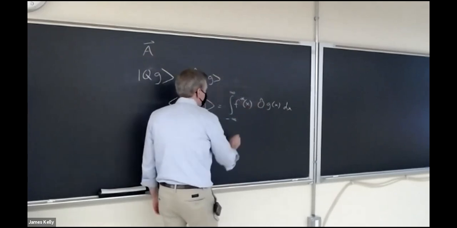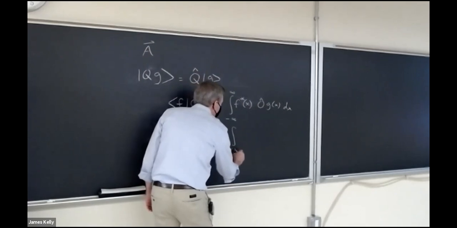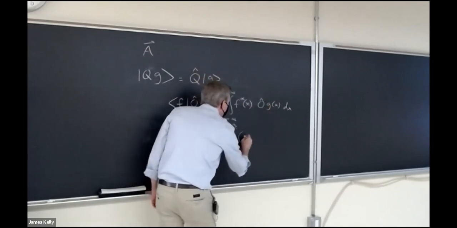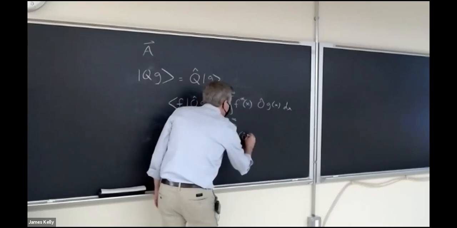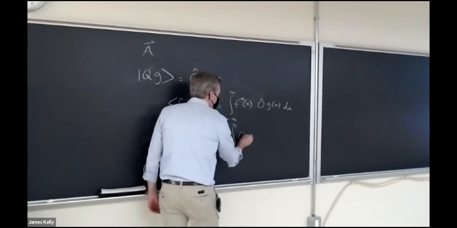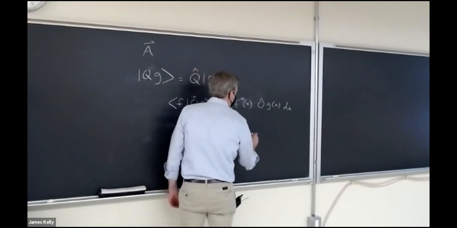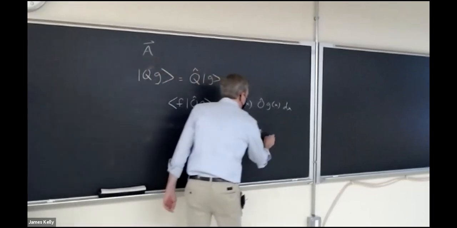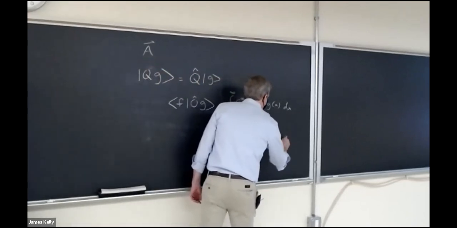In other words, can I do some manipulations so that this turns into some other operator, which we're going to call O dagger, operating on f of x, all under that complex conjugate there, times g of x dx.